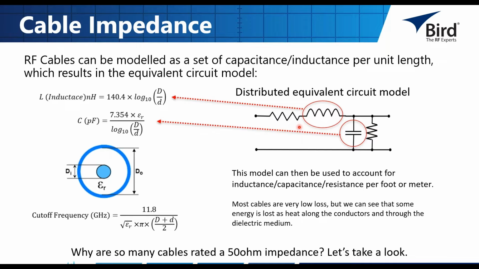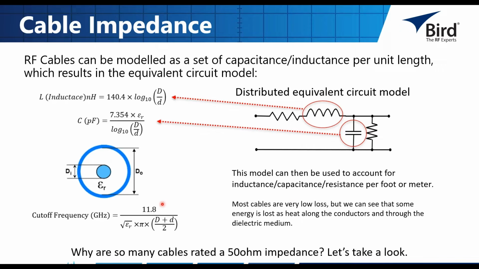It's lost due to the imperfectness of the conductor, or the fact that we have this capacitance, so small amounts of current or energy are lost traveling from the inner conductor to the outer conductor. Most cables are very low loss, and we're usually not considering this a huge factor, but as you get into more extended runs, it can get to be a little more lossy.